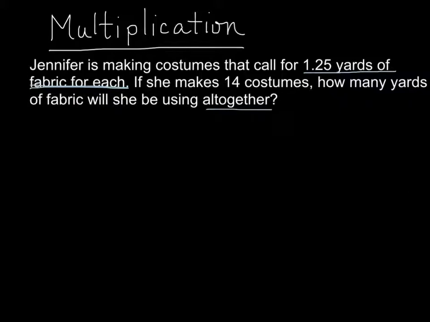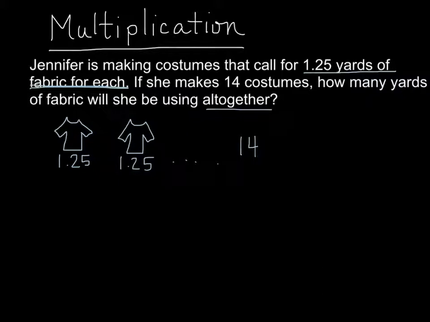So this is where visualizing the picture or drawing a picture is really going to help. And forgive my drawing, but we're going to draw a little example of a costume. That's going to use 1 2500 yards. And in order to make all of the costumes, I would be doing 14 of these. Over and over and over until I drew 14.